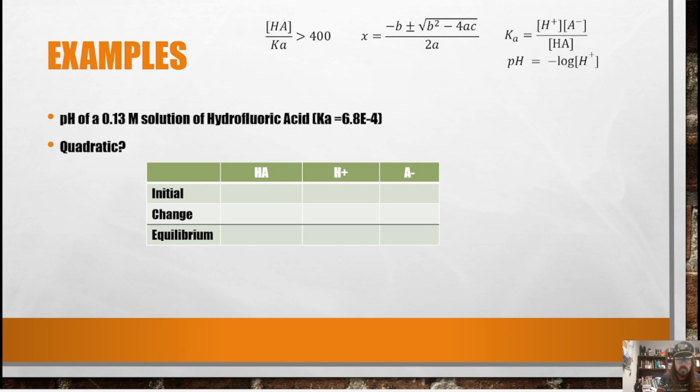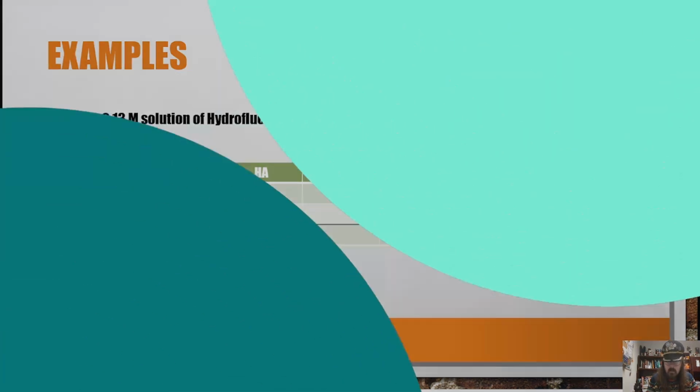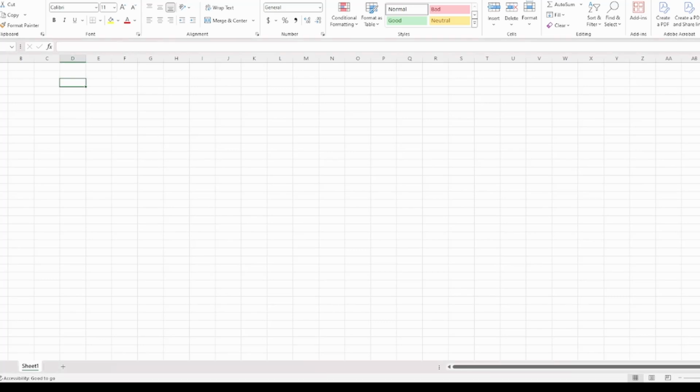Now, in this case, we will need to do the quadratic, or we could take an iterative approach. We have 0.13 molar hydrofluoric acid, 6.8 times 10 to the negative fourth Ka. So I'm going to show the iterative approach instead on that. I'm going to show it on Excel. So let's see.